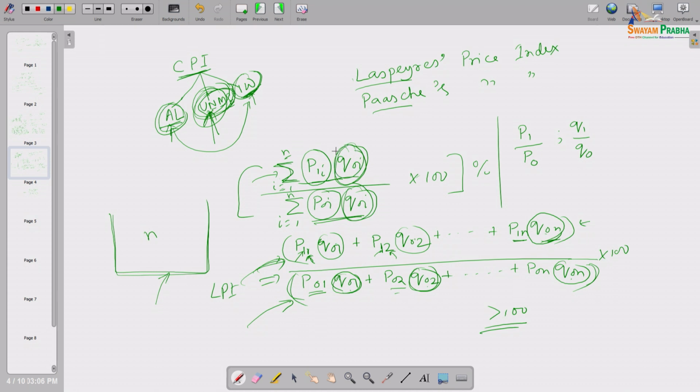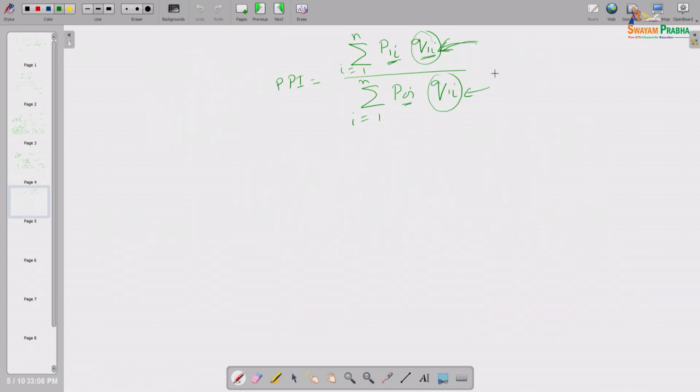So the Laspeyres numerator is a hypothetical expenditure: if I wanted to purchase the base period basket today from today's market, what would it cost? The denominator was a real expenditure. Alternatively, in Paasche's case, the denominator is a hypothetical expenditure and the numerator is a real expenditure.